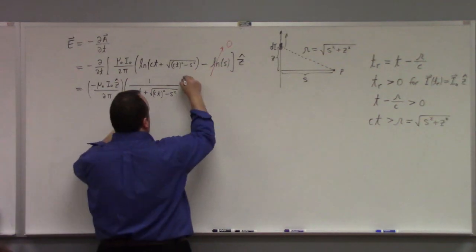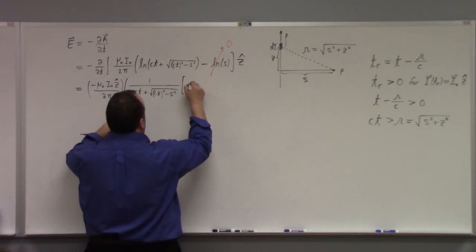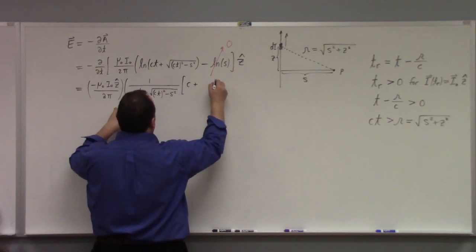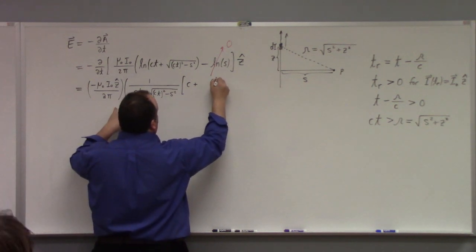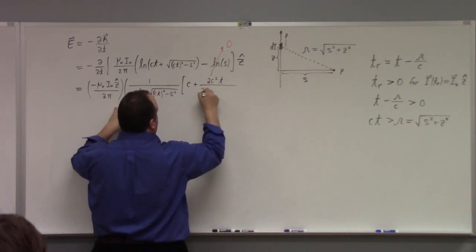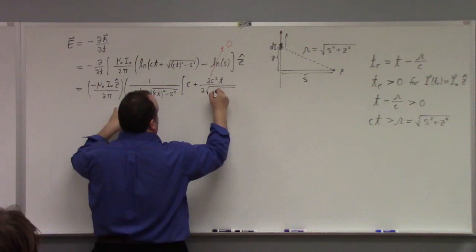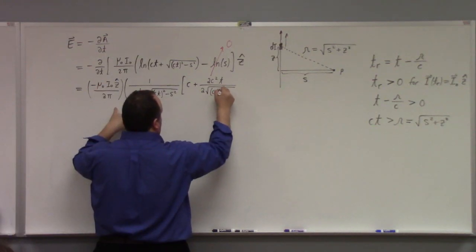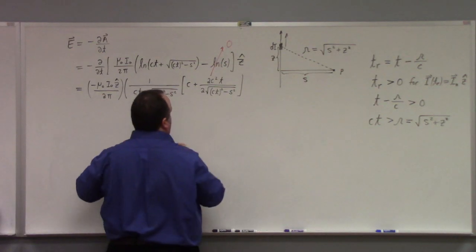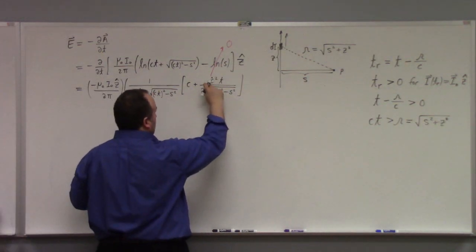Then chain rule says multiply that by c plus square root differentiates to c squared, well, I think 2c squared t divided by 2 square root of CT quantity squared minus S squared, like so. Notice the 2's be canceling.